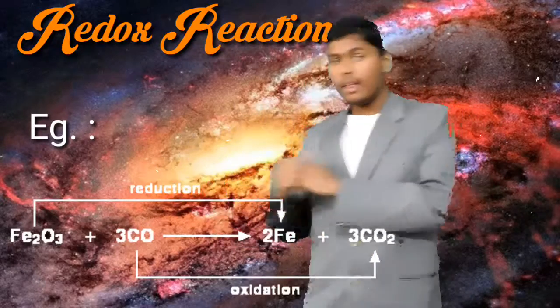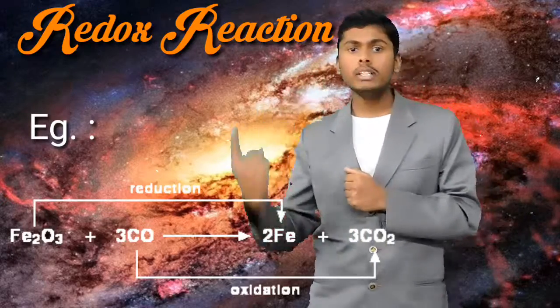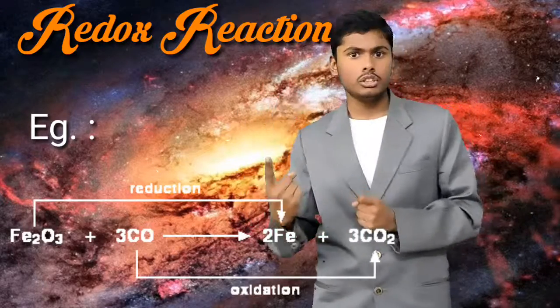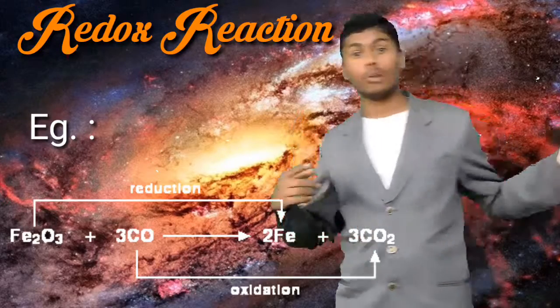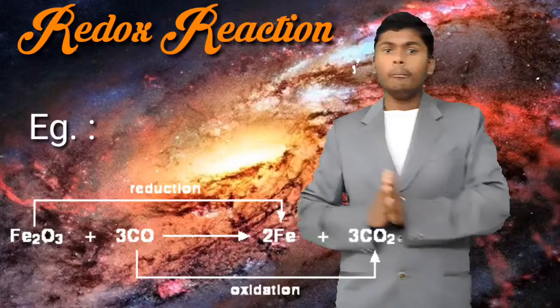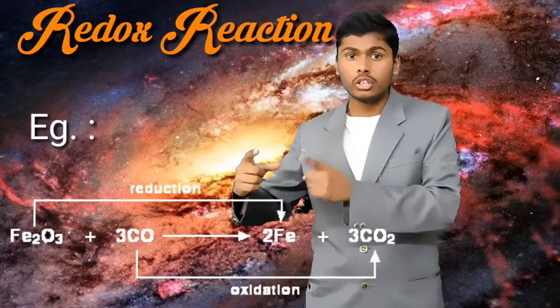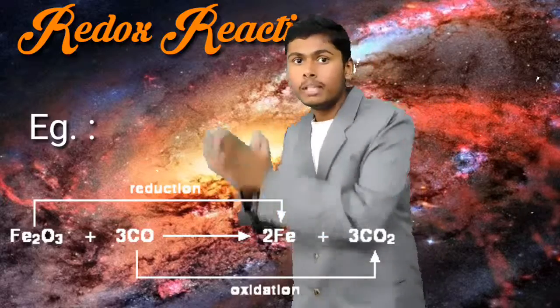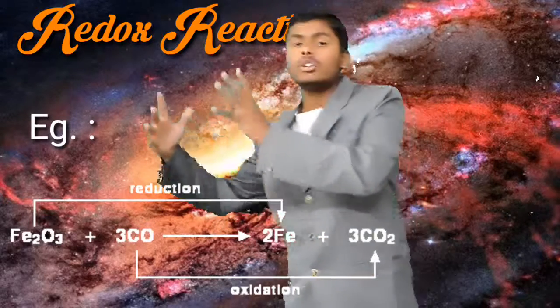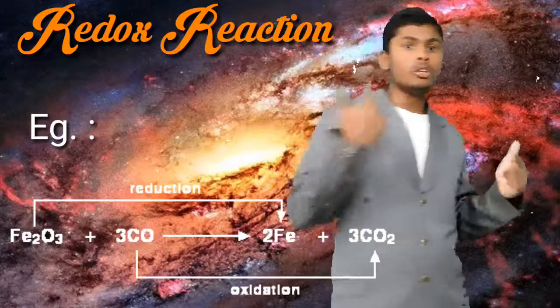Carbon monoxide has just one single atom of oxygen. Carbon dioxide has two atoms of oxygen. So, this means that oxygen has been added to my carbon monoxide, meaning carbon monoxide has been oxidized and my ferrous oxide has been reduced. Here comes the reduction reaction.